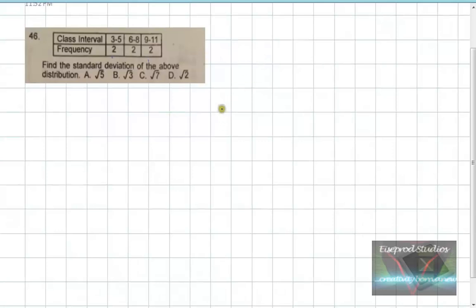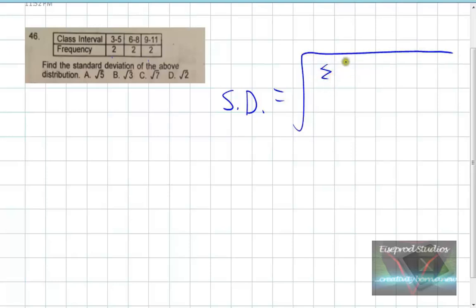So remember that standard deviation is equal to the square root of the summation of each value minus the mean squared. And then you're going to divide that by however many values there were total.